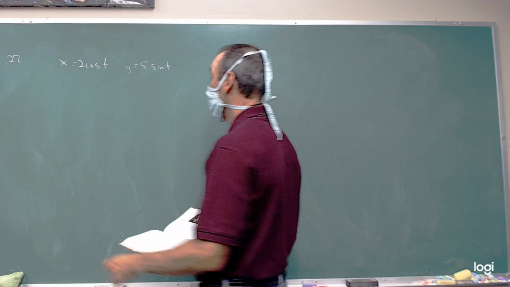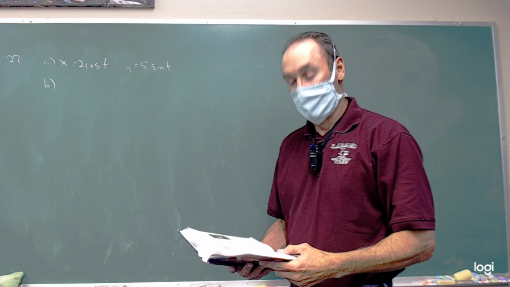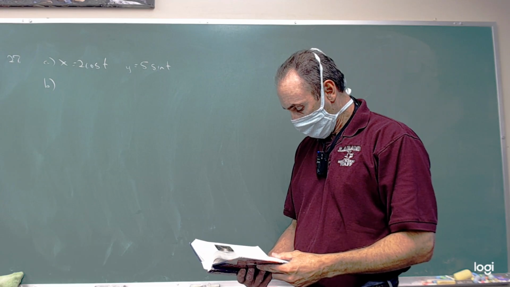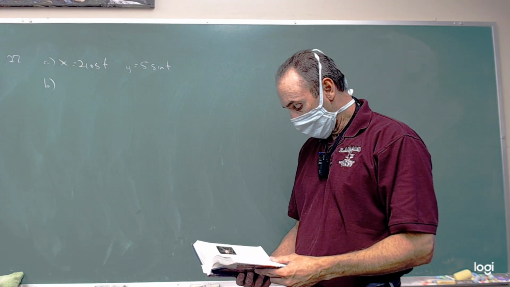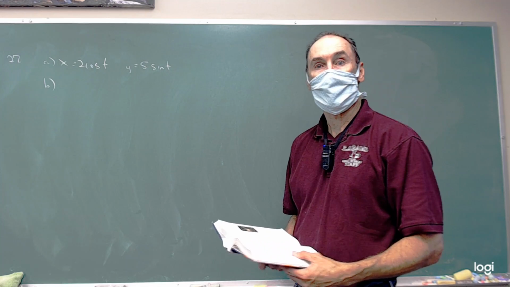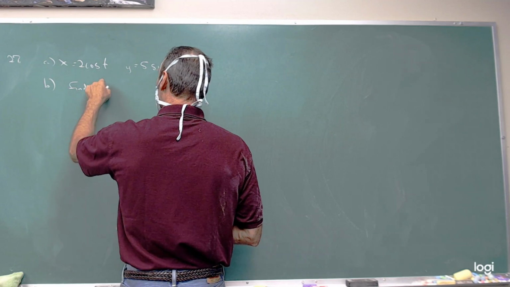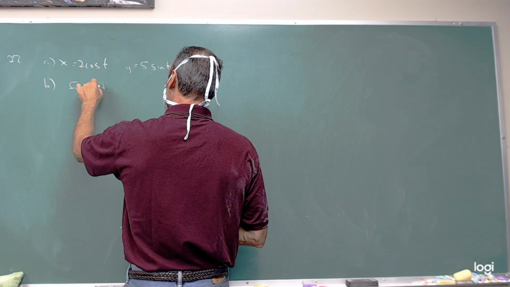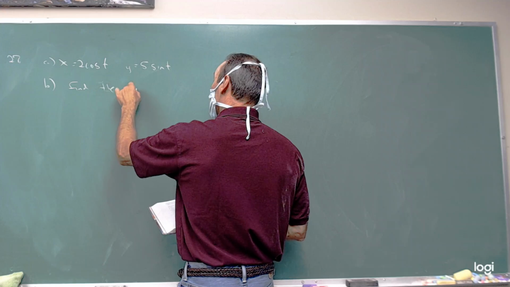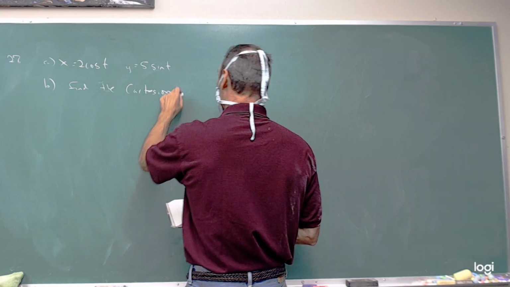That's part A. And then we're going to find the Cartesian equation. That means eliminate the parameter, so we want to change them to rectangular. Cartesian and rectangular are synonyms.